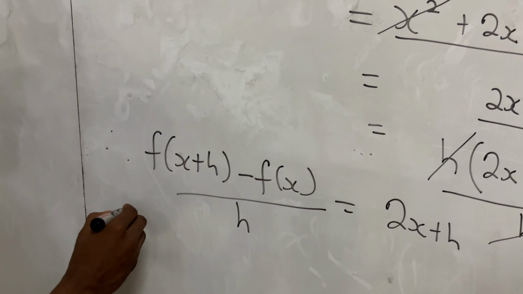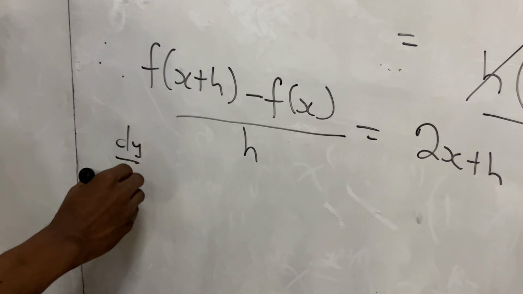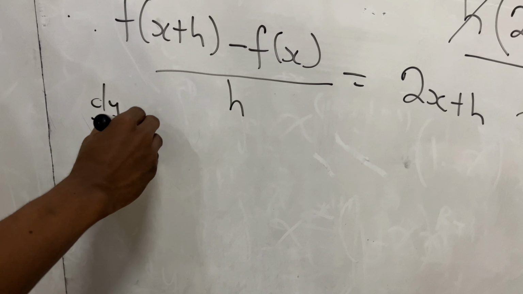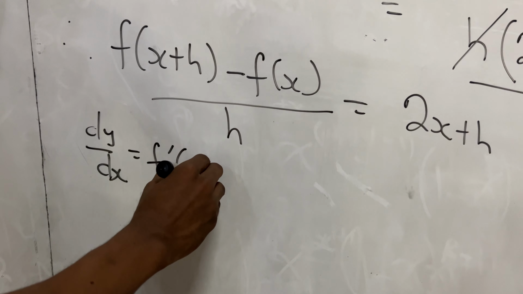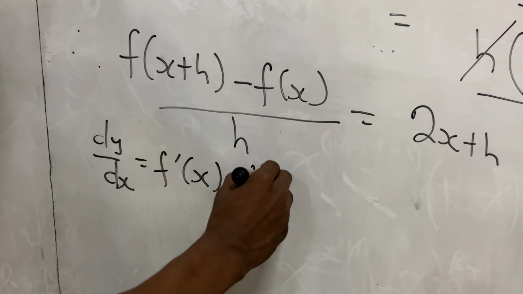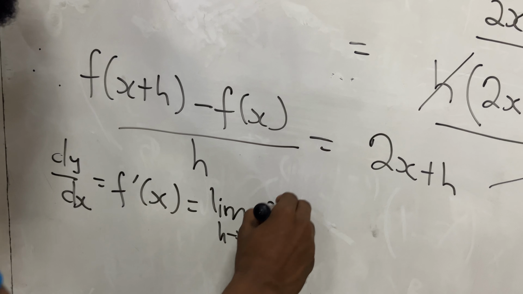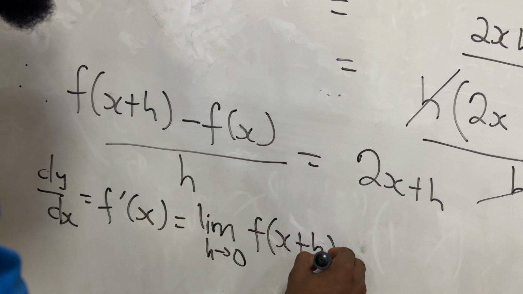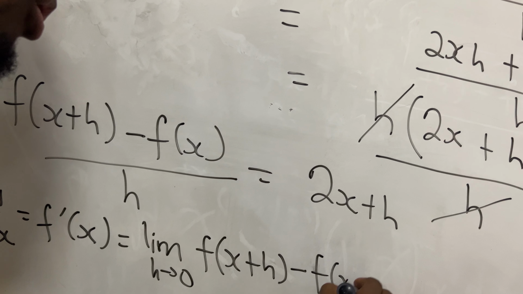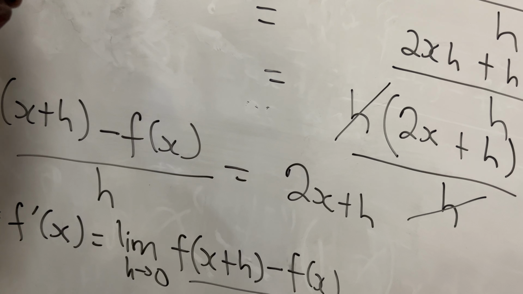So now, finally, I have my dy over my dx, which is equal to my f prime of x, which is equal to my limit as my h approaches 0 of f of bracket x plus h minus my f of x all over h.